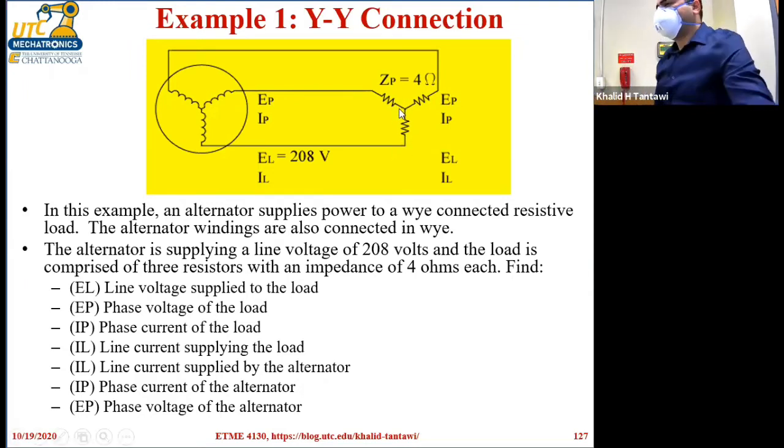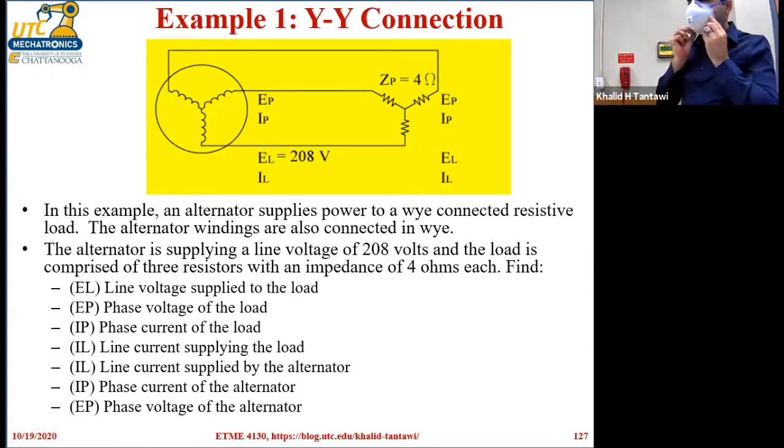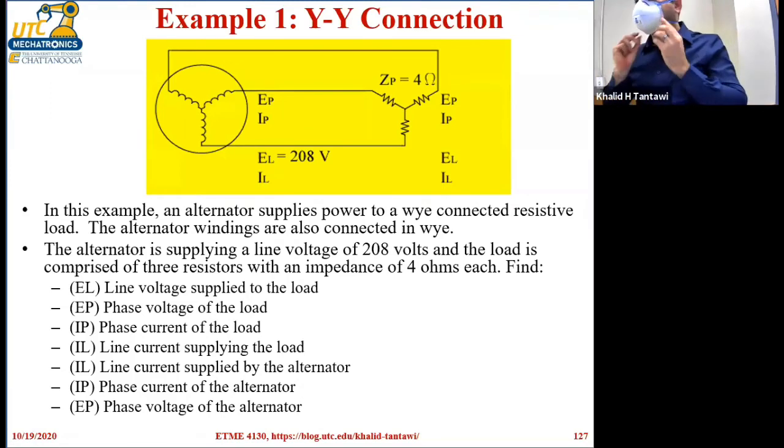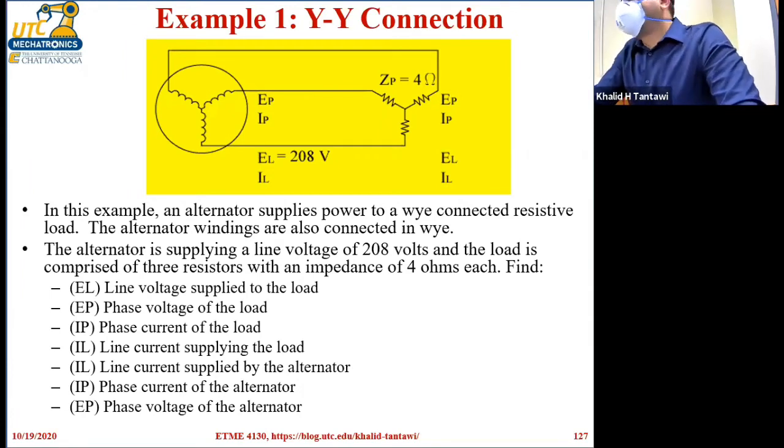Now the question is, is it common to find pure resistive loads or not? What do you think? Are the loads usually going to be pure resistive or not? No. Why? Just imagine, it would be really hard to have a pure resistor.